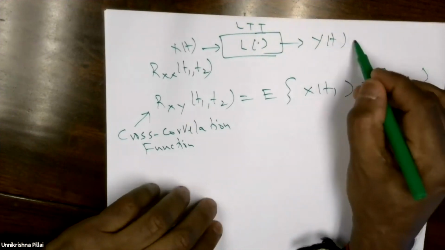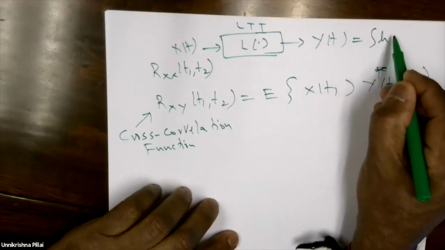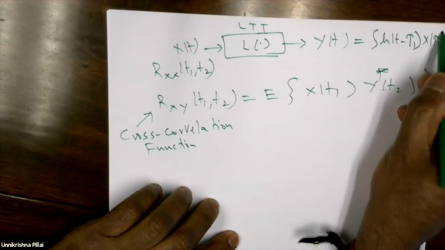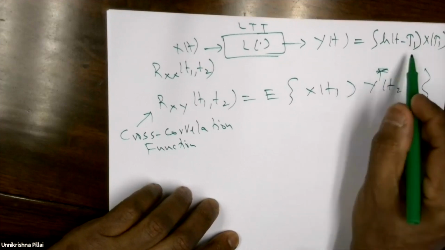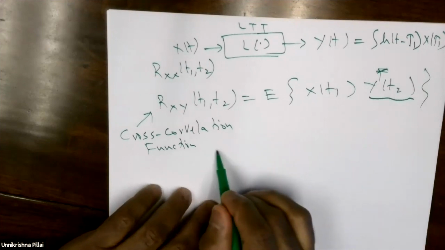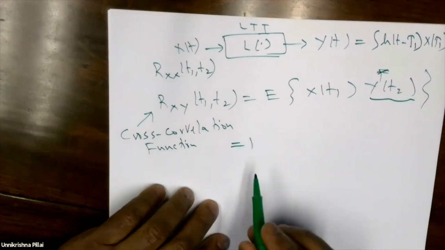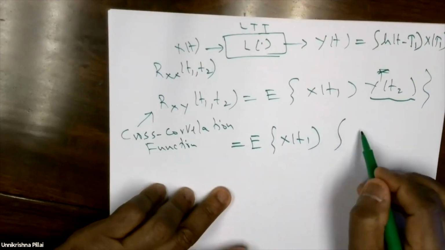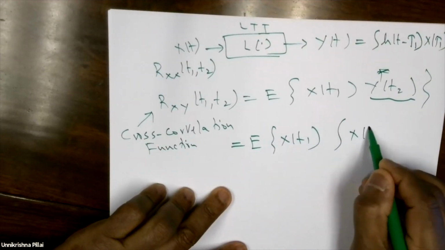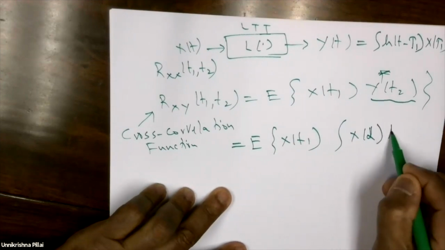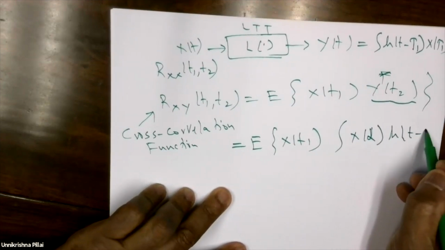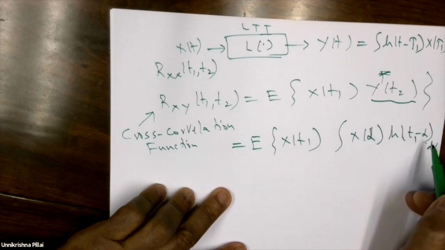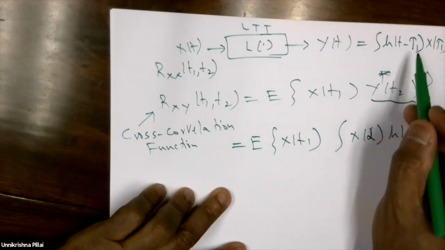Now, y of t is, remember, the integral of h of t minus tau1 times x of tau1. So I am going to substitute for y of t2. This is the expected value of x of t1 multiplied by the integral of x of alpha multiplied by h of t2 minus alpha, d alpha. Instead of tau2, I'm putting alpha, and there is a star here.